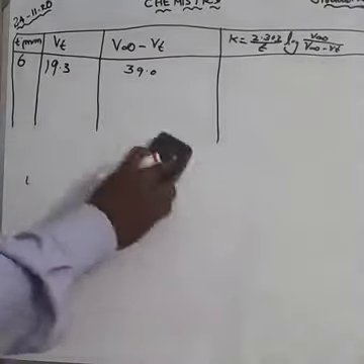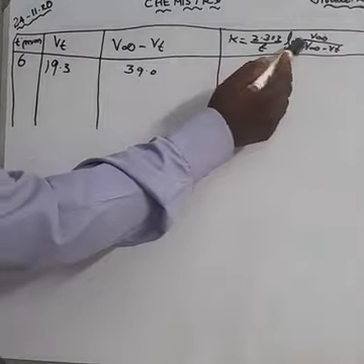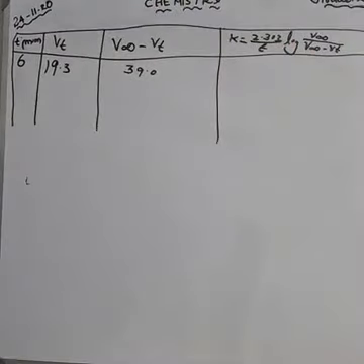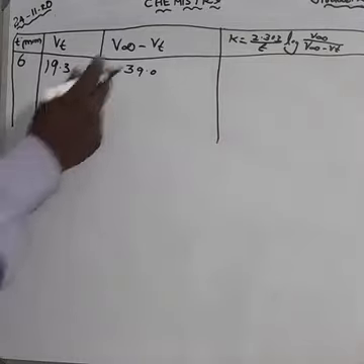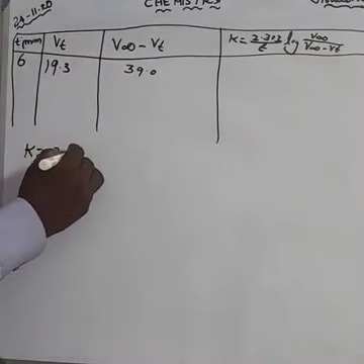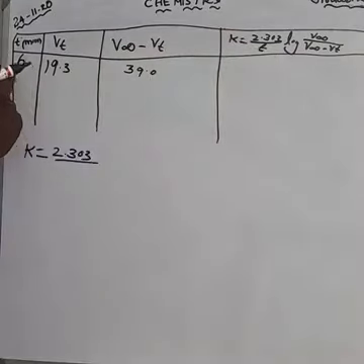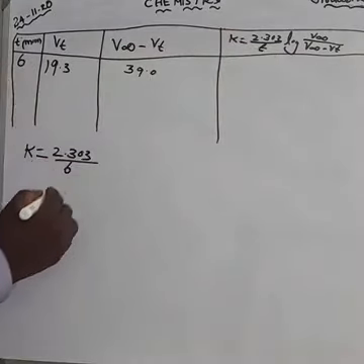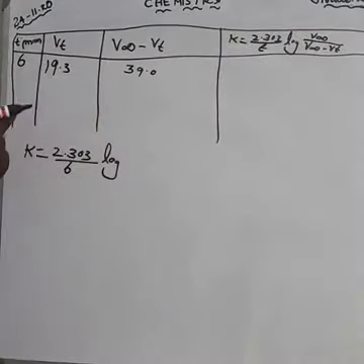What's the given formula here? K is equal to 2.303 divided by T log V infinity divided by V infinity minus Vt. So we are substituting this. K is equal to 2.303 divided by T, that is 6 minutes, log V infinity.